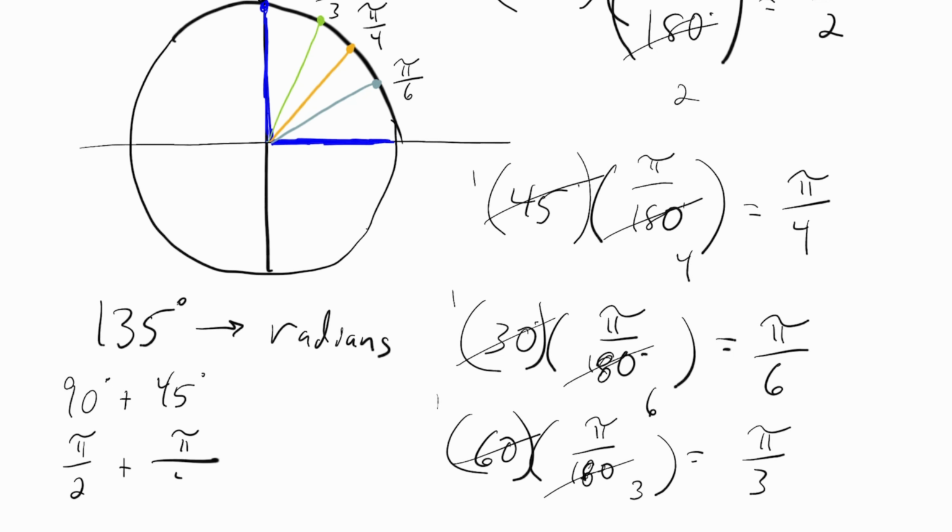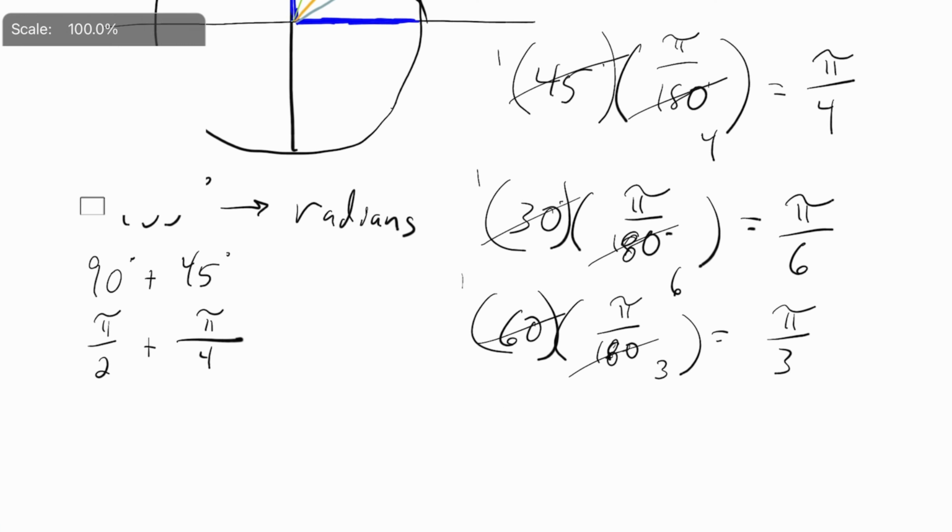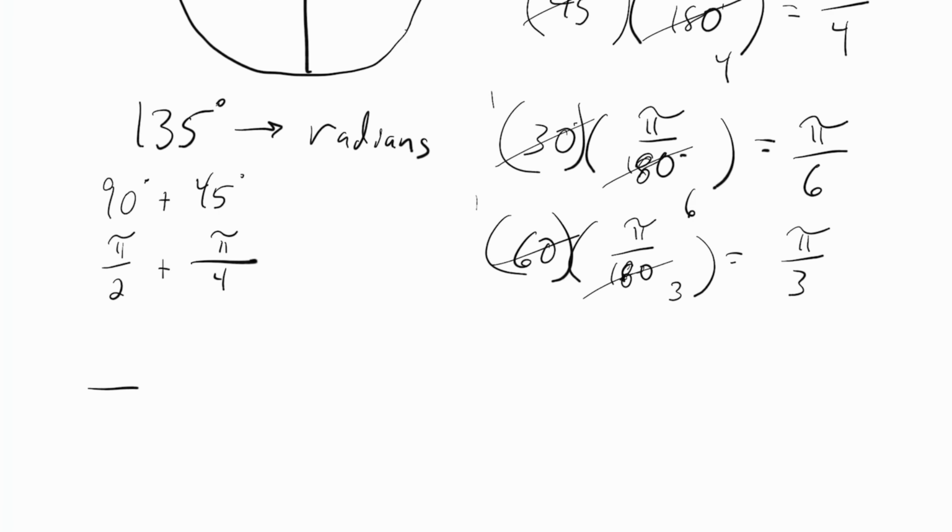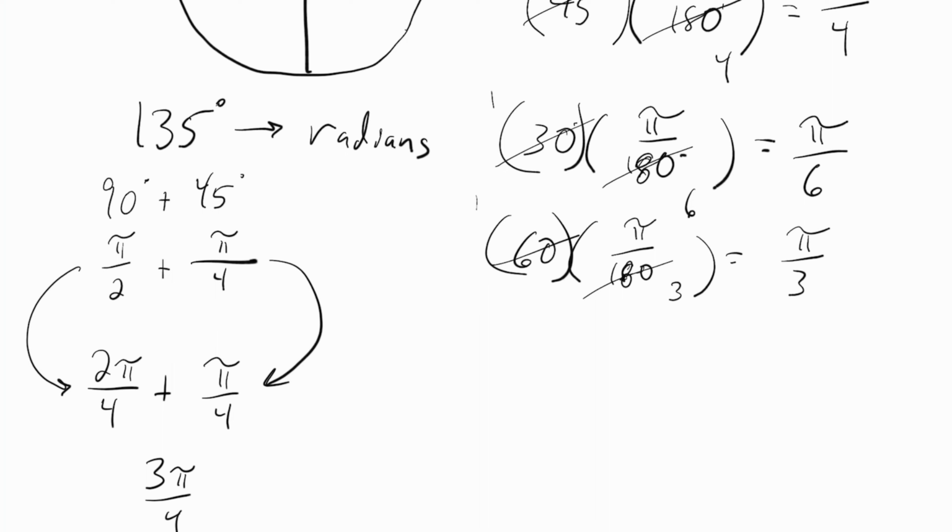If we get the same common denominators, pi over 4 would stay the same, but the other fraction would become 2 pi over 4. And so altogether 135 degrees is equal to 3 pi over 4. Right? All right, cool.